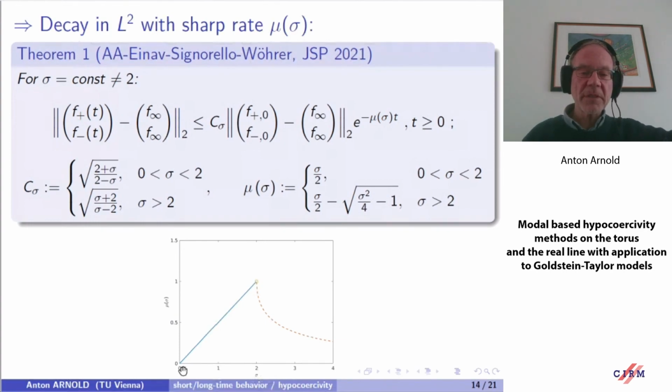So what happens in this Goldstein-Taylor model is, first, if you increase the relaxation rate, the decay will increase linearly up to this point here, which is the point where you have defectiveness in the ODE. And then the exponential decay rate will reduce again. Phenomenologically, the reason for that is you have larger and larger relaxation.